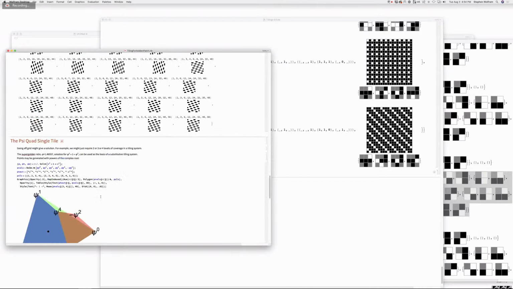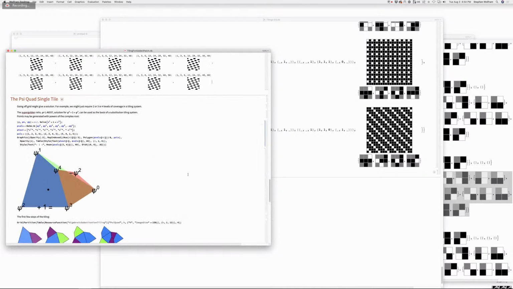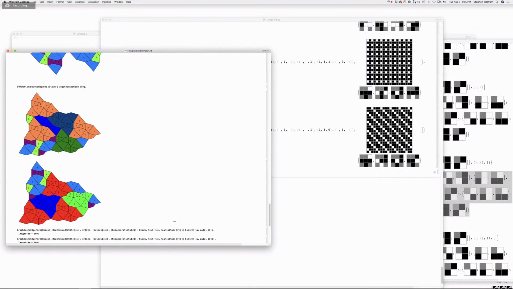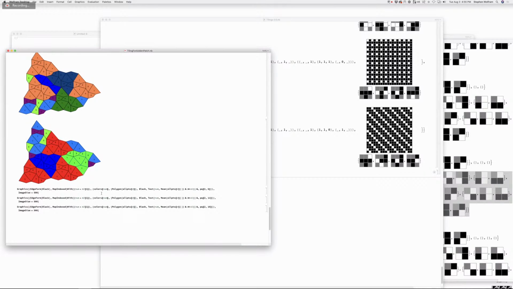Okay, so here the line starting with colors, down a little bit. There, just run that. Okay, so now the bottom one, the very last one.